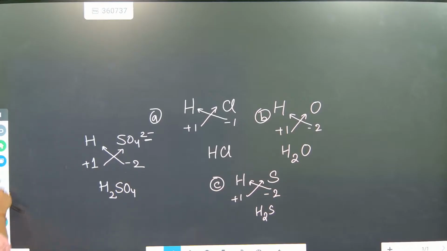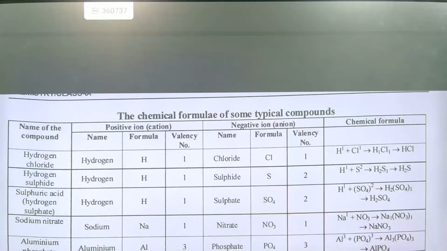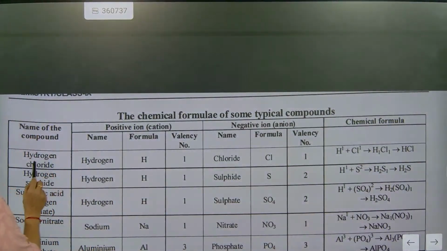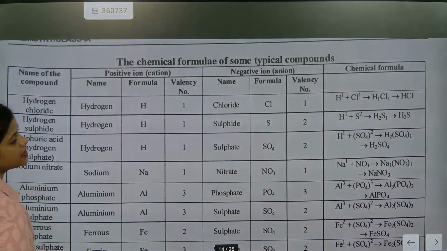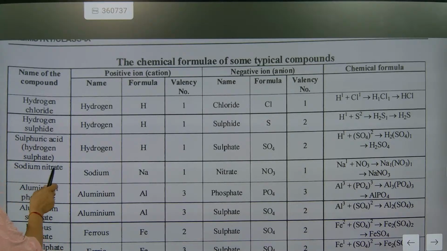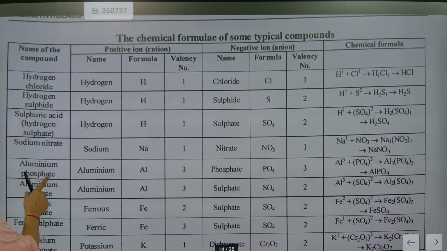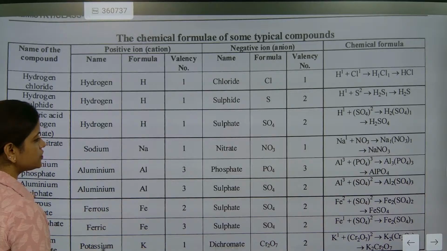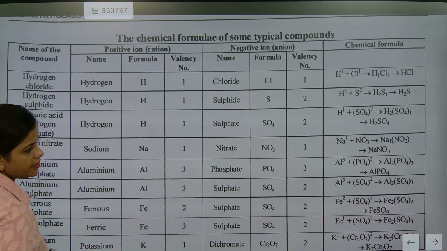Now we will go back to our content, please. What was our next content? So we wrote HCl, hydrogen sulfate, sulfuric acid is over. Now, beta, sodium nitrate and aluminium phosphate we are going to write and understand.